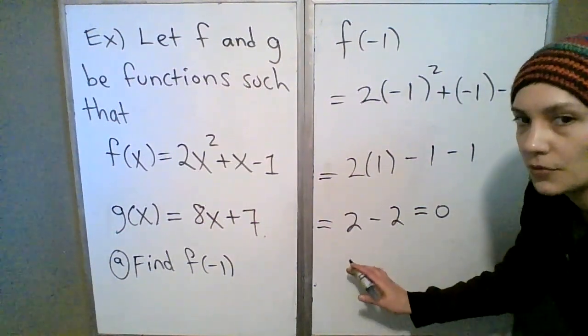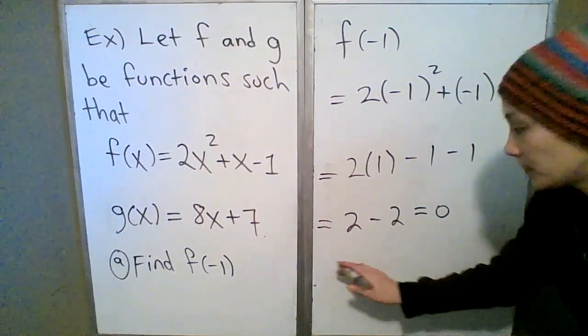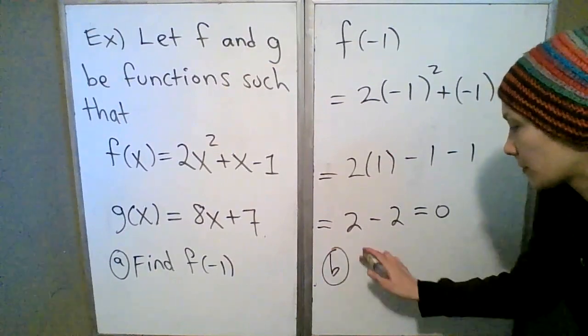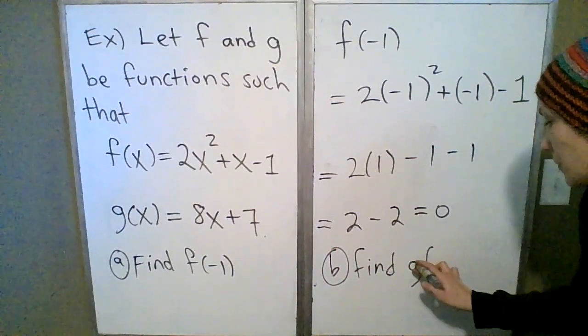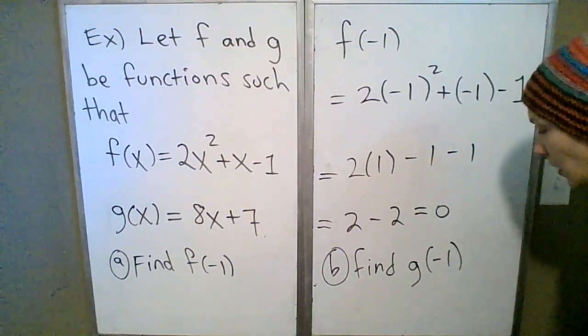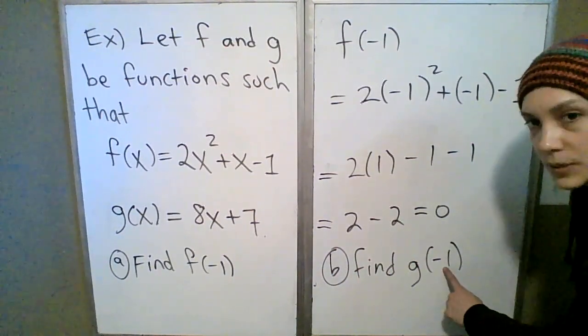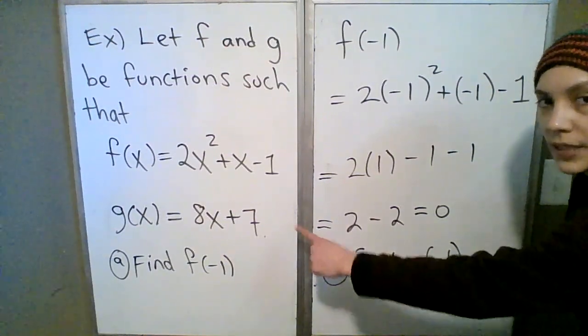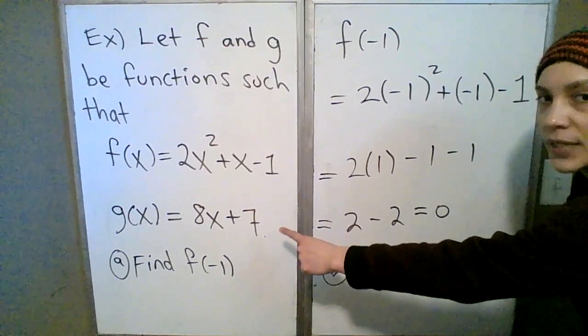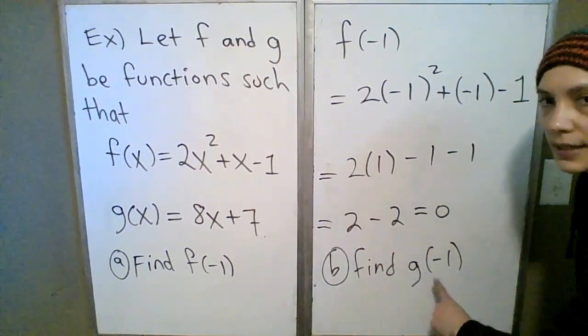Part B, find g of -1. So you have x equal to -1, and it's going through the function g. You need to pick this function and replace all x values with -1.